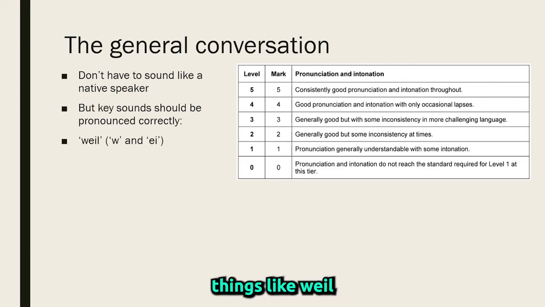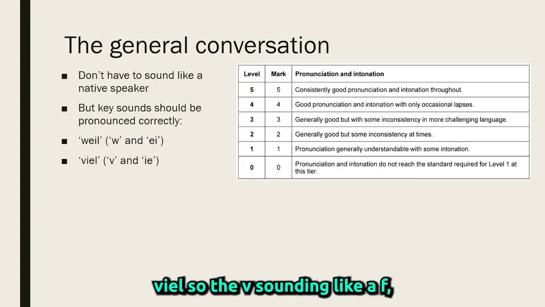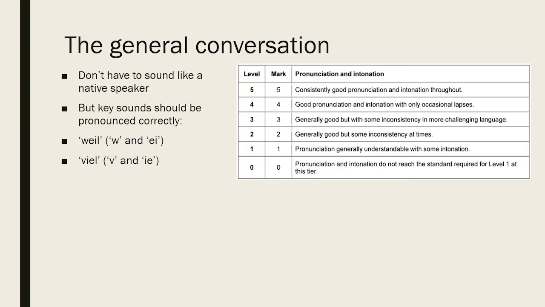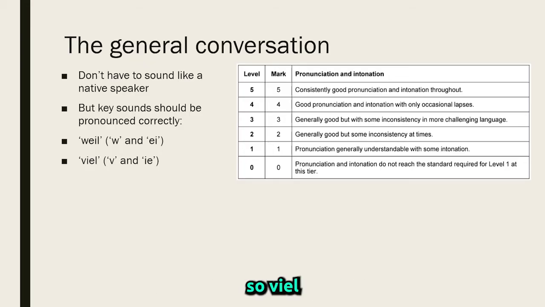Things like weil, so the W sounding like a V, the EI sounding like an I, weil. Viel, so the V sounding like a F, and the IE sounding like an E, so viel. The CH in Woche, so it's a H sound.